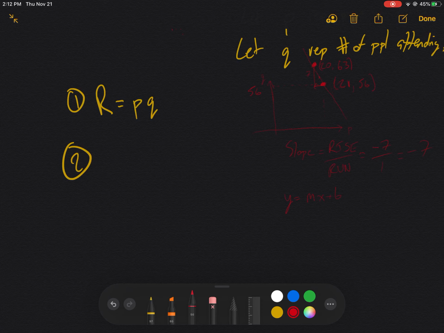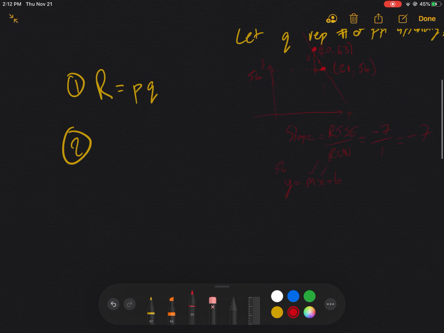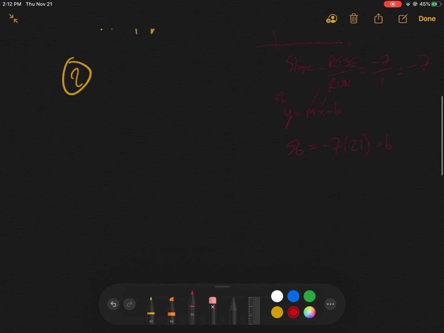We need the y-intercept. Do I have a y? Yes, I do. I have 56. Do I have an x? Yes, I do, 21. Do I have an m? Yes, I do, minus 7. Find b. So let's substitute: 56 equals minus 7 times 21, plus b.